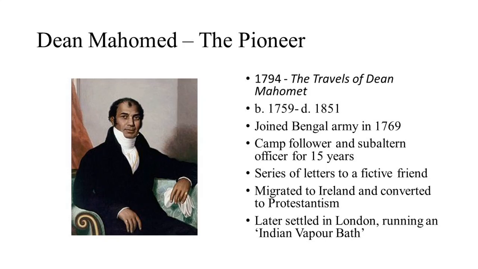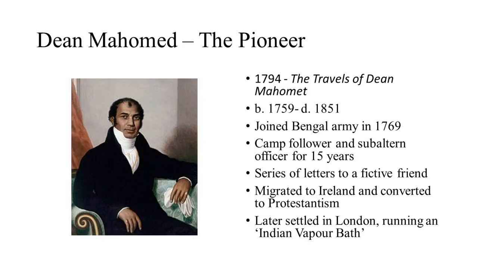He joined the Bengal army in 1769, and he traveled as a camp follower and a subaltern officer for 15 years with the British army. During his journeys, he wrote a series of letters to a fictive friend, and these letters were later published as The Travels of Deen Mohammed. It talks about his experiences in the colonial army.